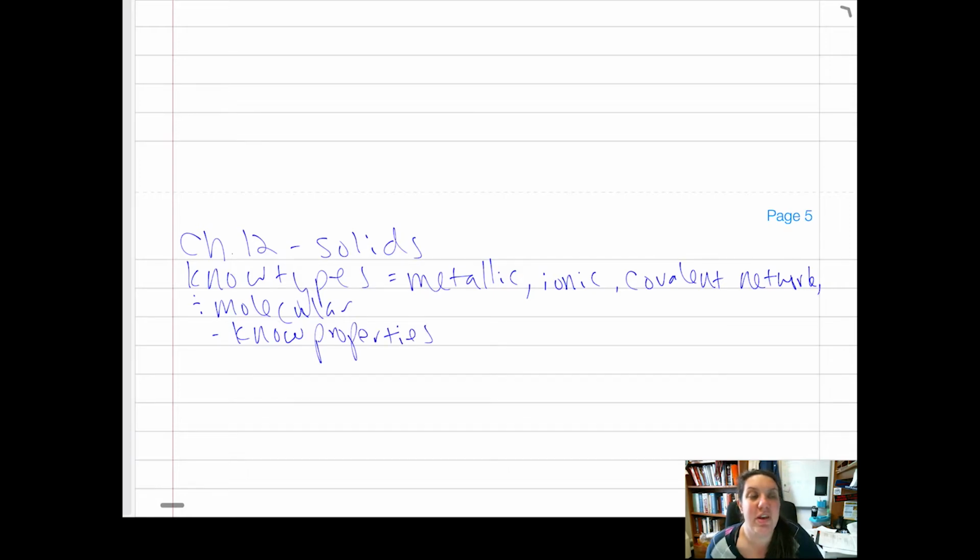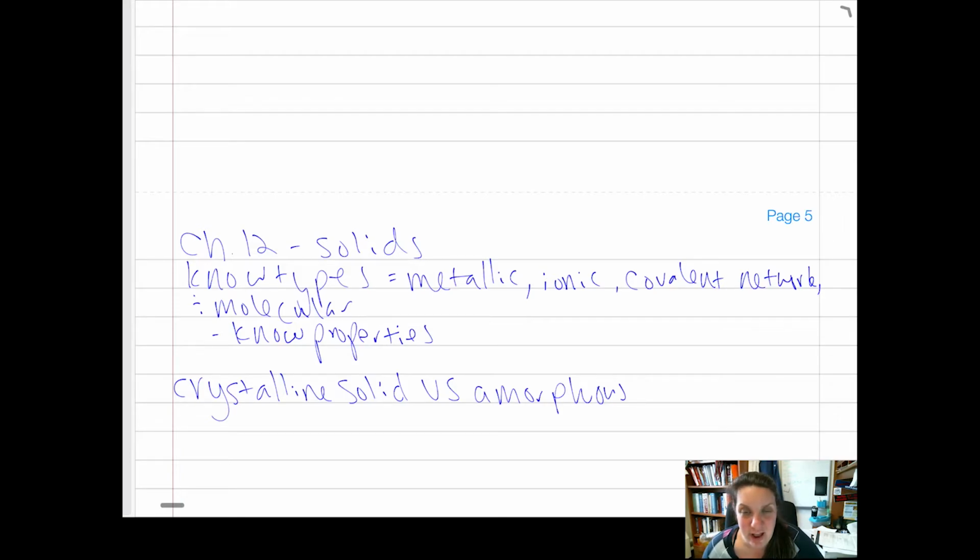From a description of a crystalline solid, you should be able to tell what type of crystalline solid you have. You should also know the difference between a crystalline solid and an amorphous solid. So you should know that your amorphous solids have an irregular arrangement.